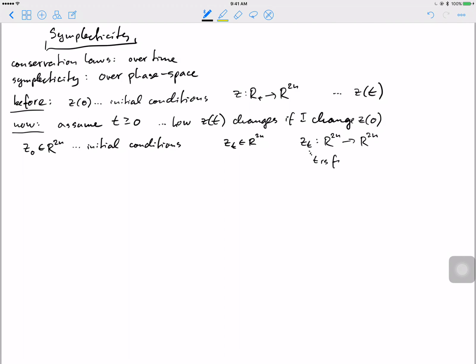Eventually you'll have to unfix it and see what happens if you also change the time, but for now you can pretend that the time is fixed, and we only change how the resulting state after time t depends on the initial conditions. The input is the initial conditions z0, the output is the zt value, the state after time t, and I'll call this function zt.